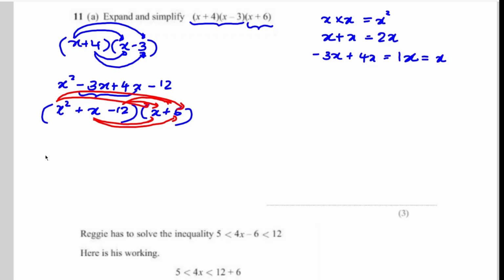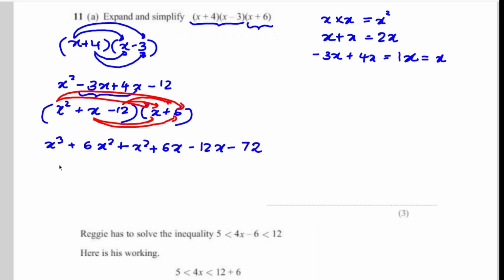X squared into x: when multiplying, we change the powers, so x cubed. X squared into 6, 6x squared. X into x, x squared. X into 6, 6x. Minus 12 into x, minus 12x. Minus 12 into 6, minus 72.